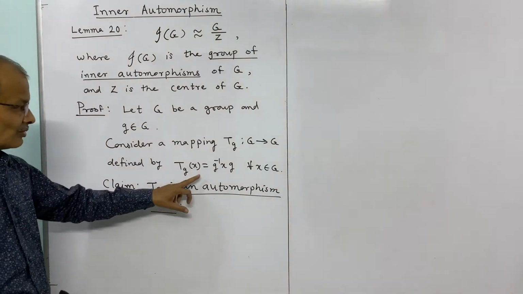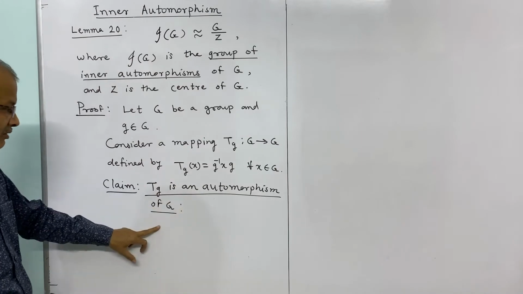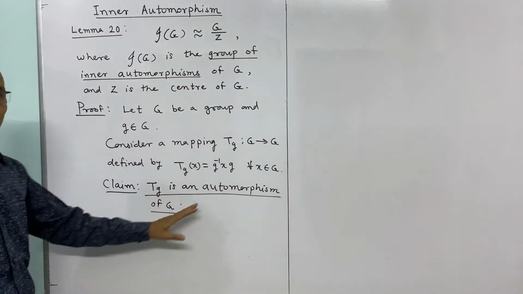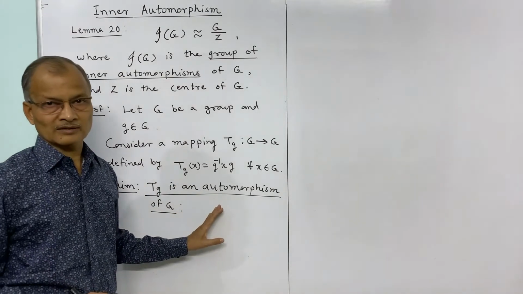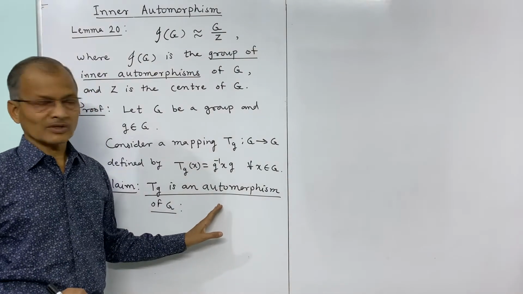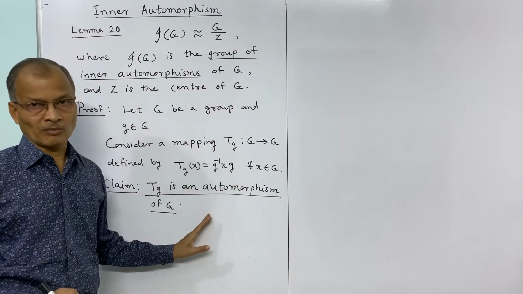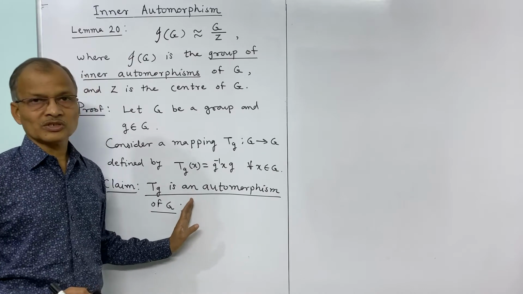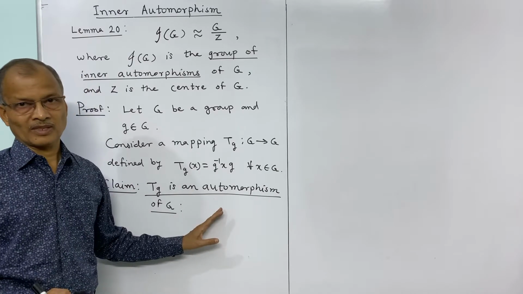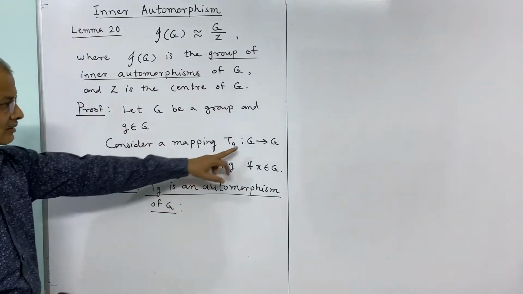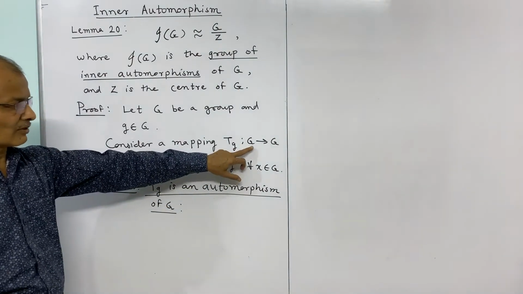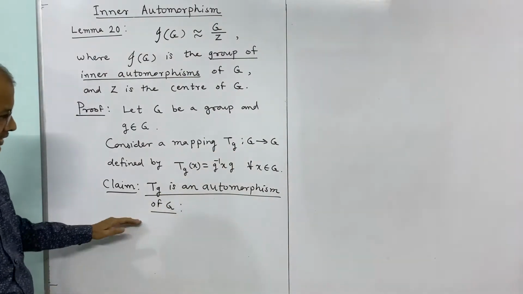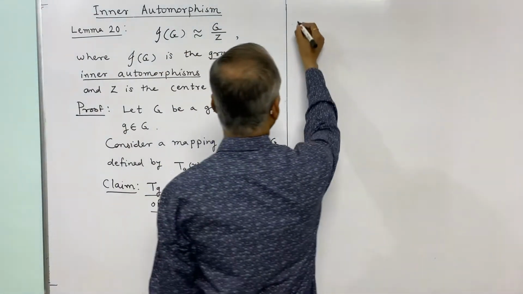First we have to prove the mapping defined by this is an automorphism. And we know automorphism, we have discussed in the last lecture. Automorphism is a 1-1 onto homomorphism, or a 1-1 isomorphism of G onto itself. First we shall prove it is onto.